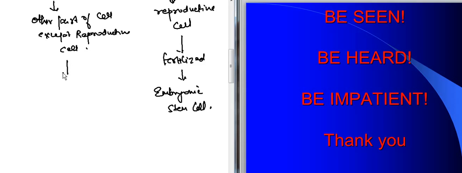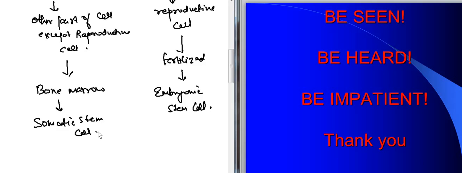And we have another type of cells present in bone marrow, which are also stem cells. They are called somatic stem cells. These have a tendency to form all types of cells, but these are specific cells.